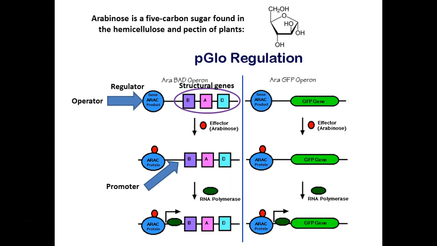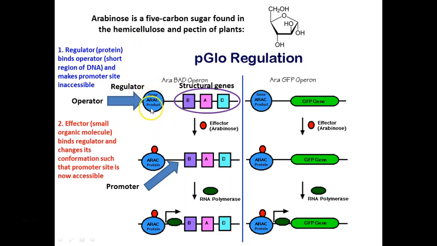So we genetically altered this operon so that in the presence, we could induce it, right? In the presence of sugar, it makes green fluorescent protein. Only in the presence of that sugar. So the regulator is the protein that binds to the DNA, right? And makes the promoter site inaccessible.